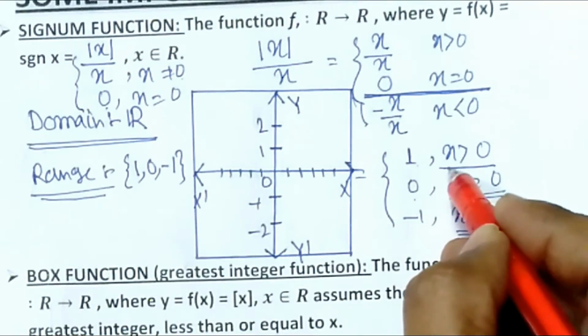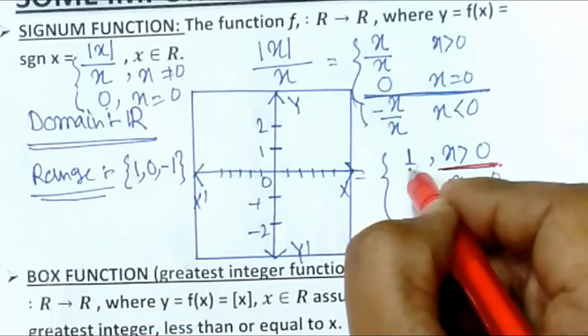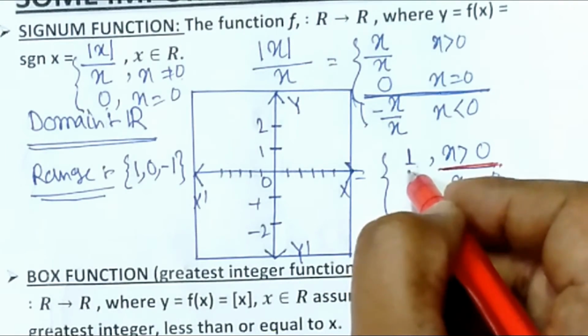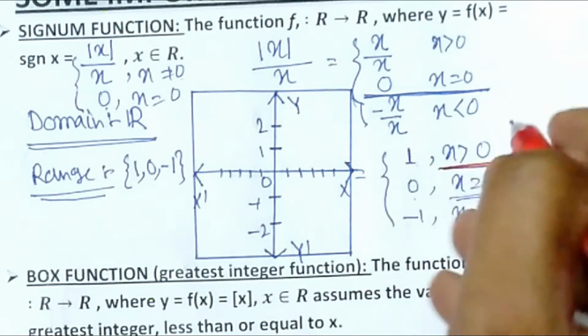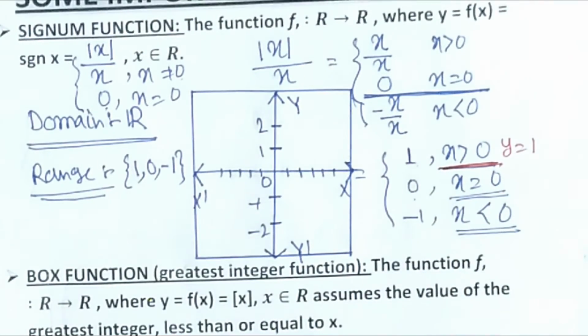Look, for all the positive real numbers x, we will get the constant function 1. Remember the constant function? For the Signum function, if x is greater than 0, then y is equal to 1, right? We know the constant function is represented by a straight line which is parallel to the x-axis.